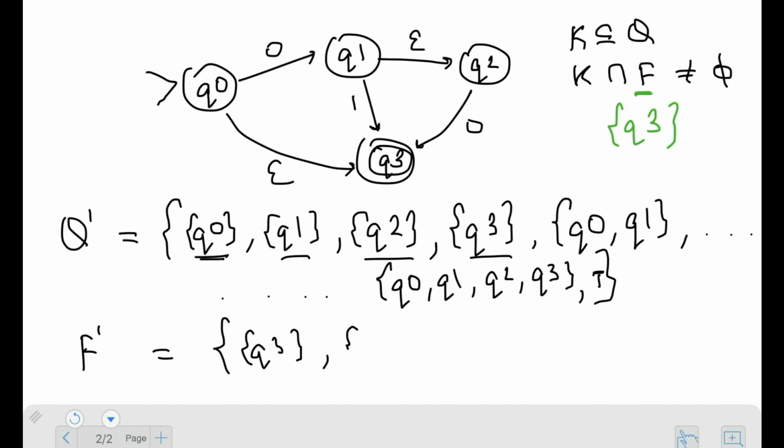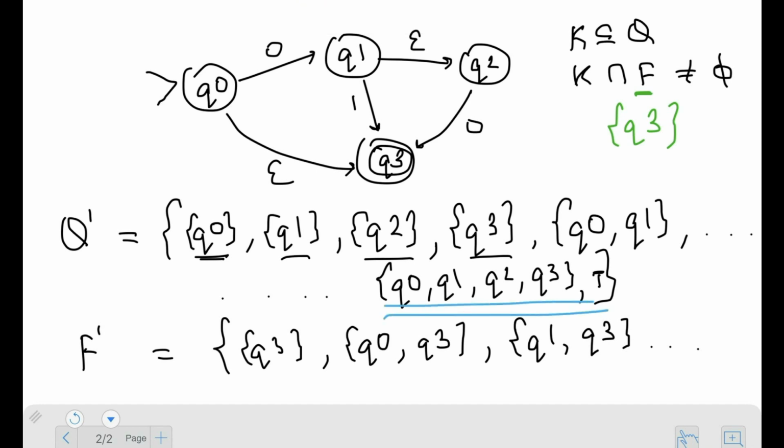I will have Q0, Q3. I will have Q1, Q3, and so on. And my last state, this thing right here, will also be a final state, just because it contains Q3, so its intersection with Q3 is not going to be phi.